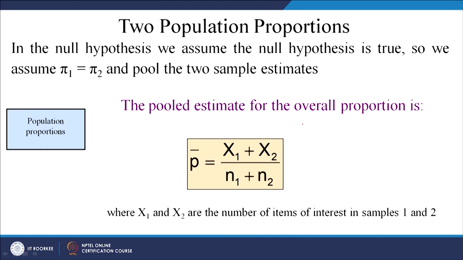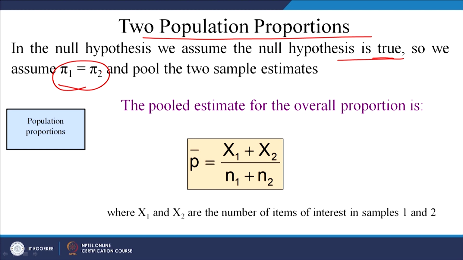This is a case of two population proportions. For the null hypothesis, we assume it is true, so we assume that pi 1 and pi 2 are equal.